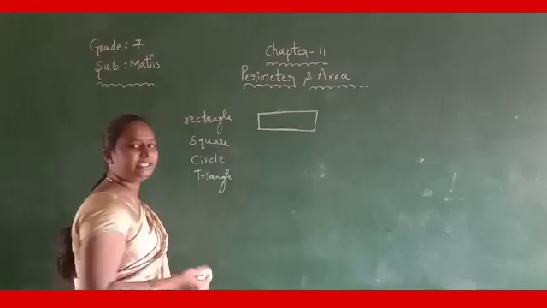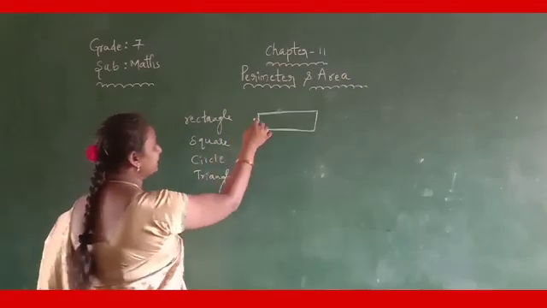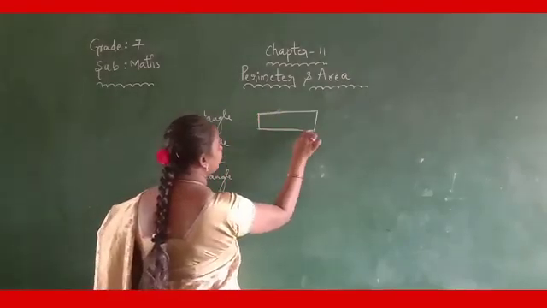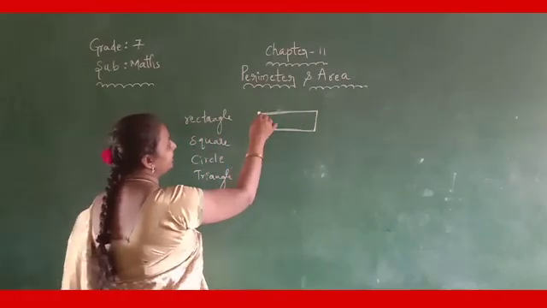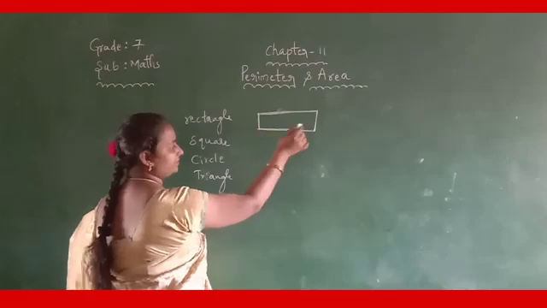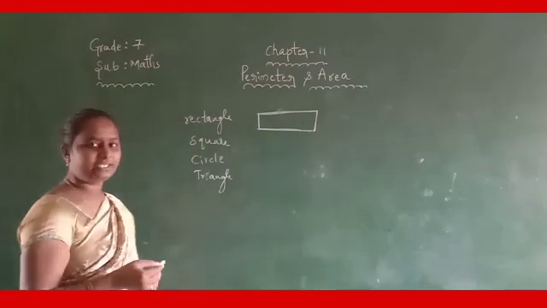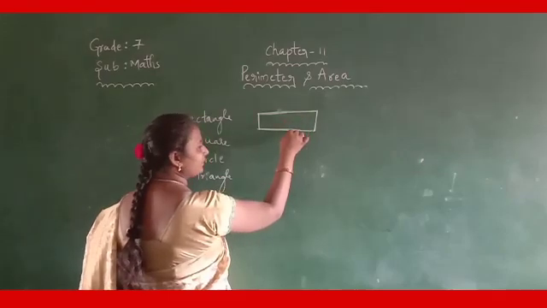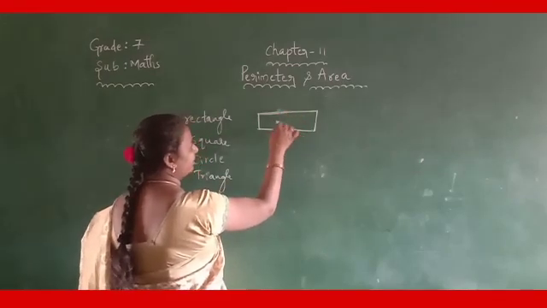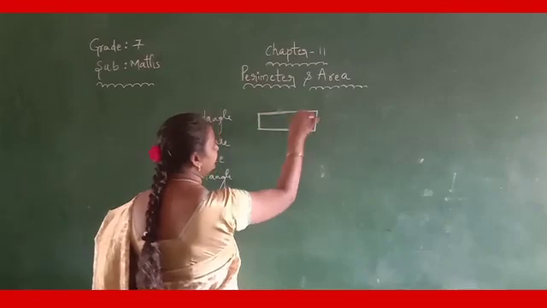Not all sides are equal. So that means here the total length of its boundary. How many sides does it have? 4 sides, but these opposite sides are equal, but not all sides are equal.